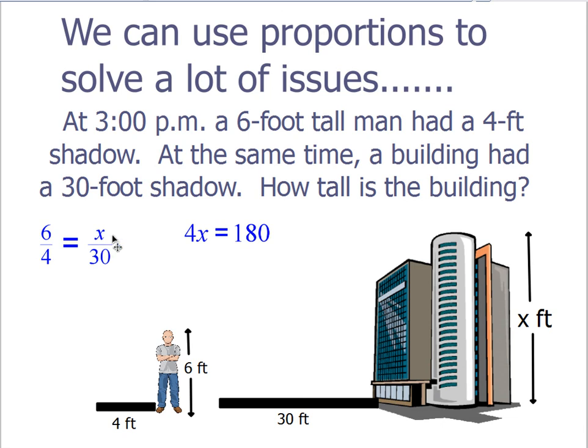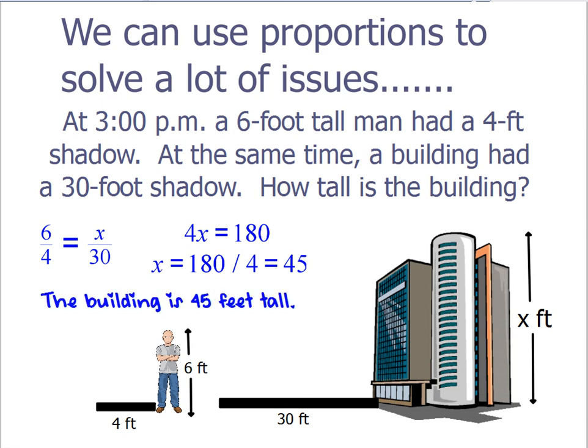When I multiply my diagonals, one diagonal gives me 4x, the other diagonal gives me 180. And when I divide both sides by 4, I find that the building is 45 feet tall. So taking things that I can measure and letting them help me solve something that I can't is one way that similar figures are used in the real world.